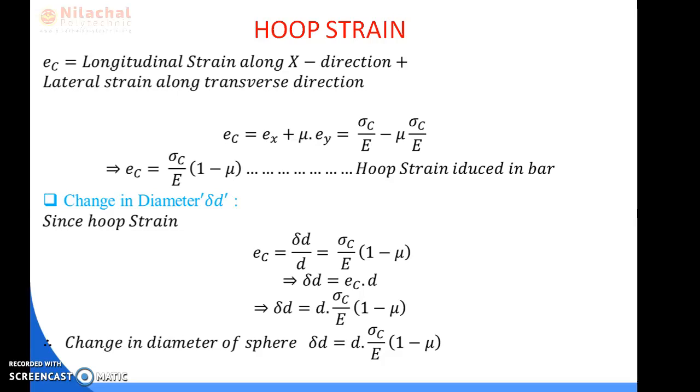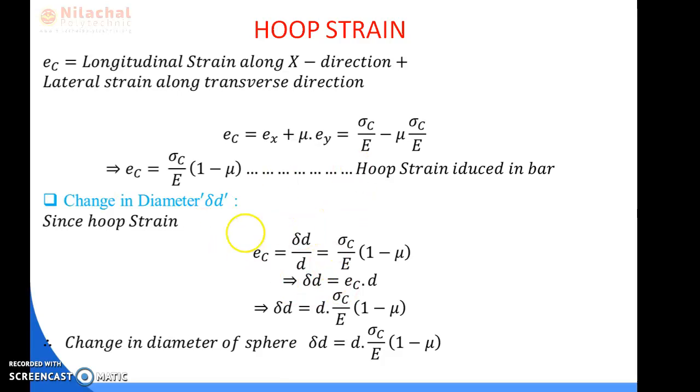The diameter increases along the x direction and decreases along the y direction. So we are getting that hoop strain is equal to sigma c by E, taking common, whole bracket 1 minus mu.